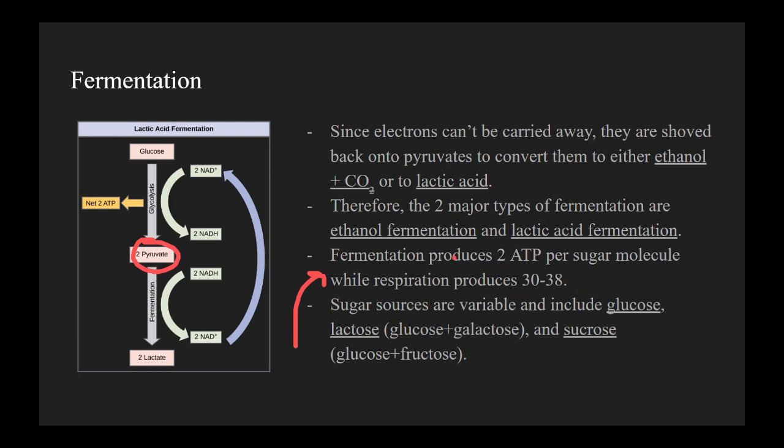So you can see it's much less efficient, and it also produces side products that aren't always ideal. And then the sugar sources: we've gone over, in the bacterial culture lecture, that different bacteria are able to ferment different sugar sources. Those include glucose, lactose, sucrose, etc.